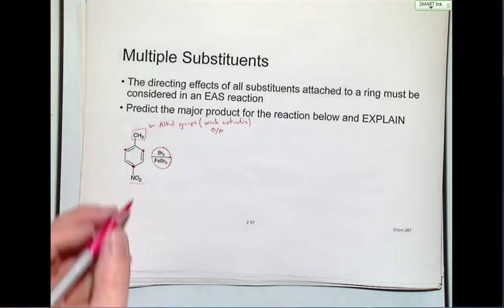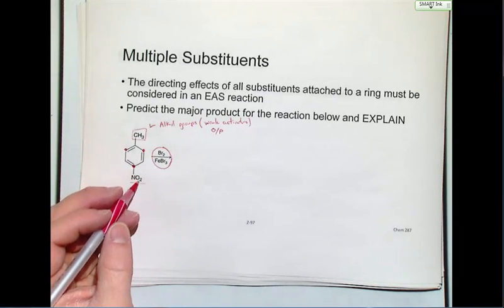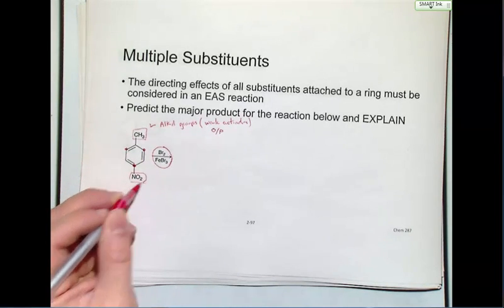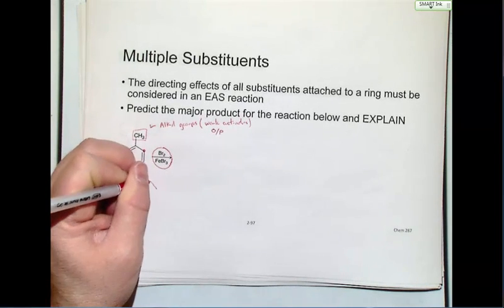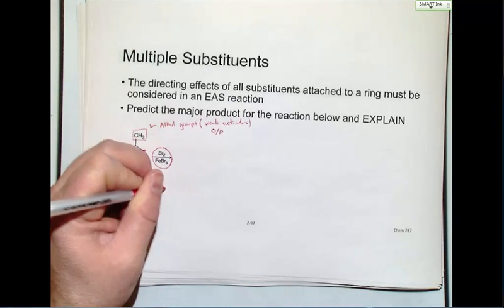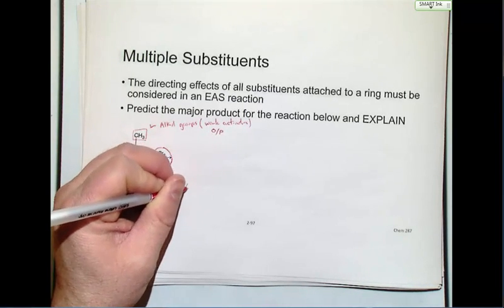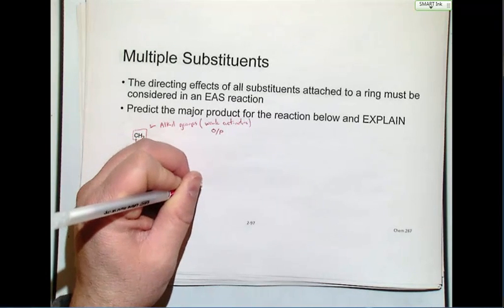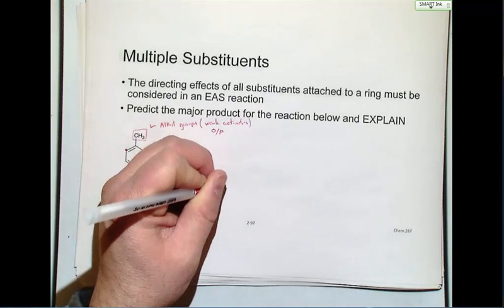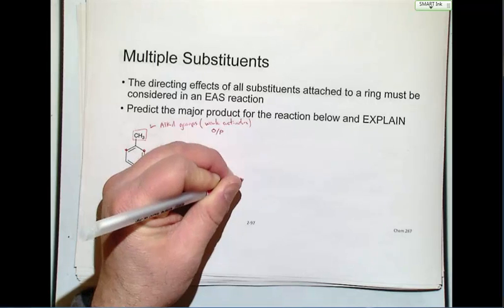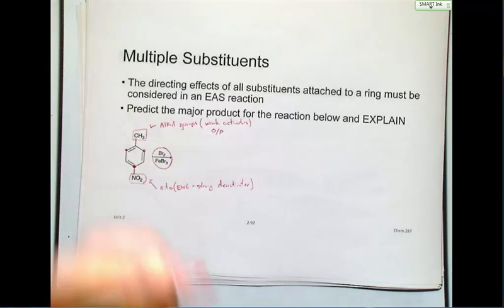And then we're going to look at the nitro group, right? The nitro group, that's nitro, that's an electron withdrawing group, and it's a strong deactivator. It's a strong deactivator.